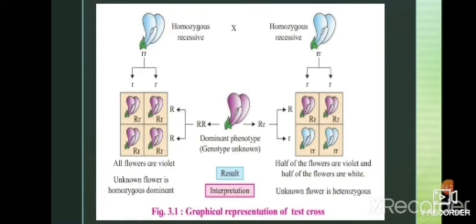The small r homozygous recessive is crossed with the capital R, the dominant phenotype.